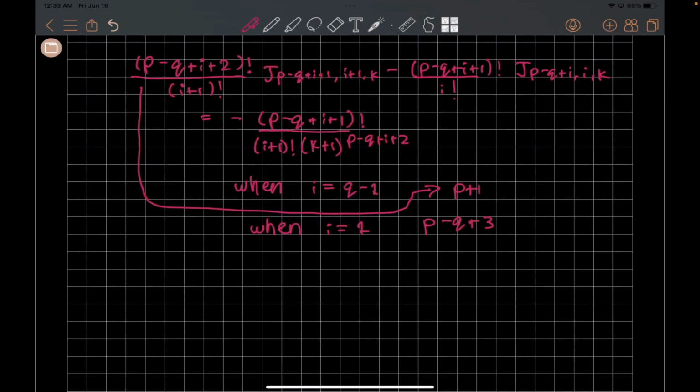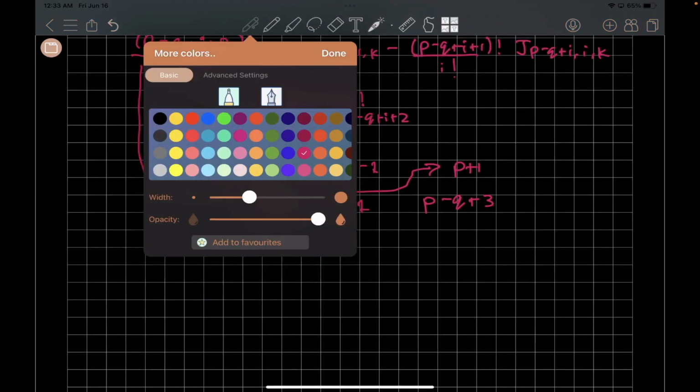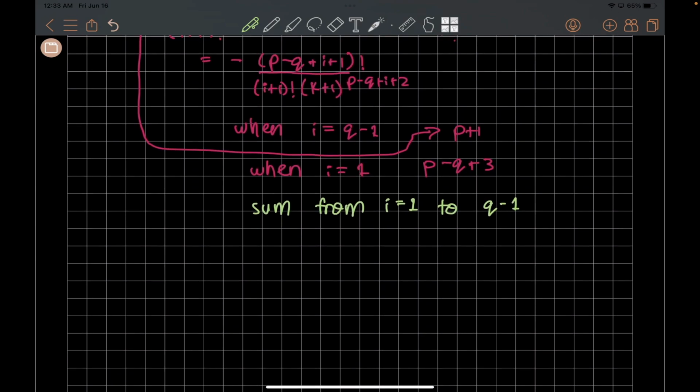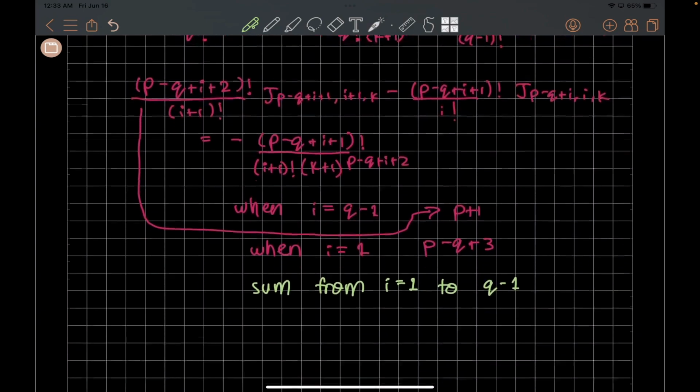And we need the q minus 1 term, the last term, anyways. So what we can do is sum from i equals 1 to q minus 1.